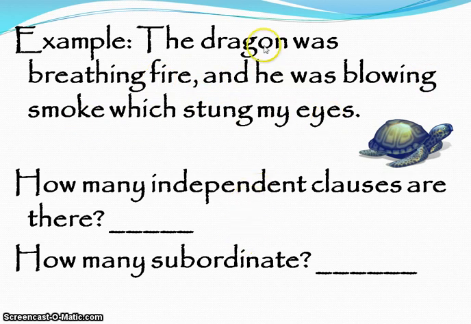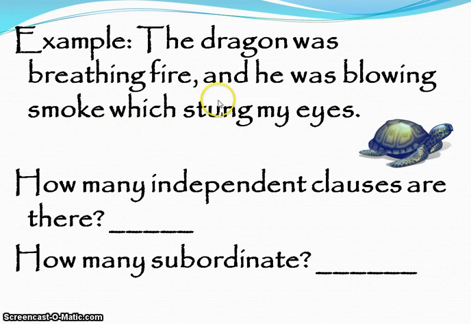So if I look at this sentence right here, first thing I look for, oh, I see that comma and conjunction in it. So let's cover that up. Read to the left, the dragon was breathing fire. That makes sense. And he was blowing smoke which stung my eyes. Well, that makes sense, but I see a clue word right there, which stung my eyes.